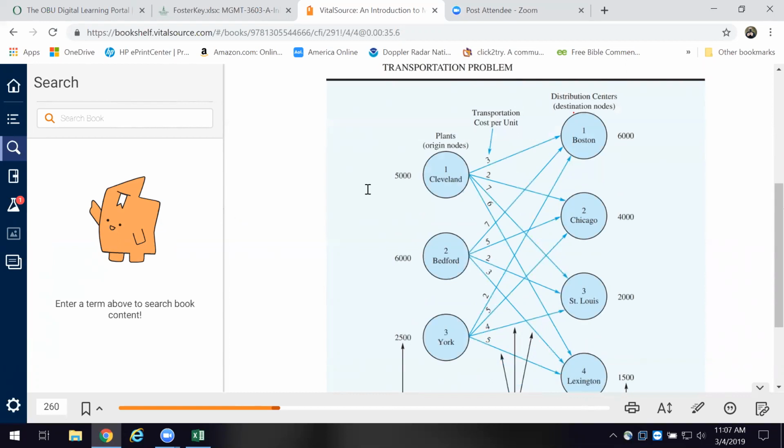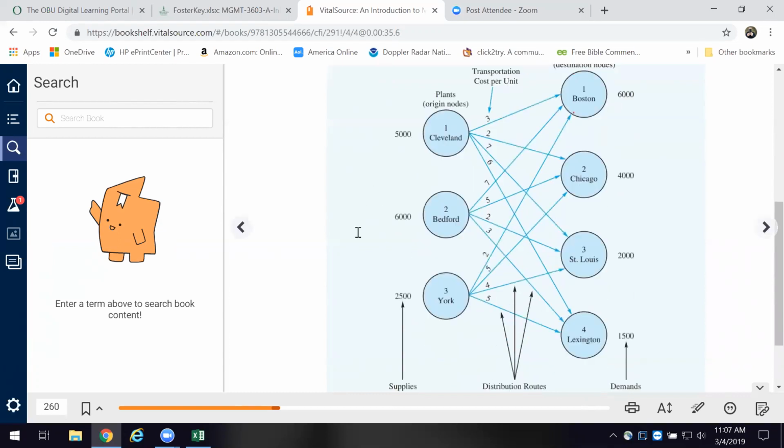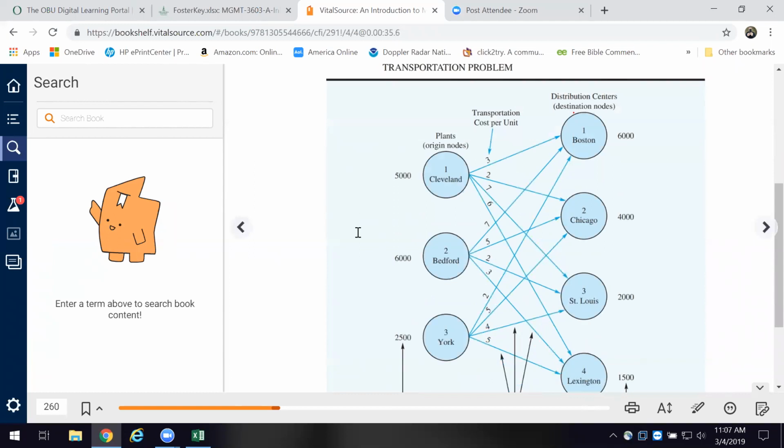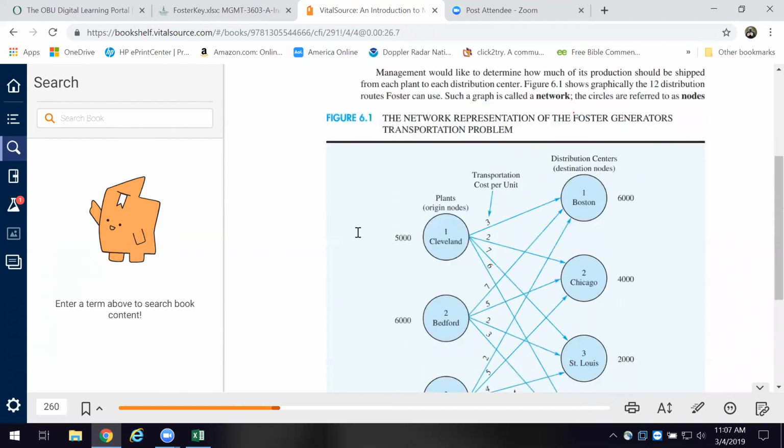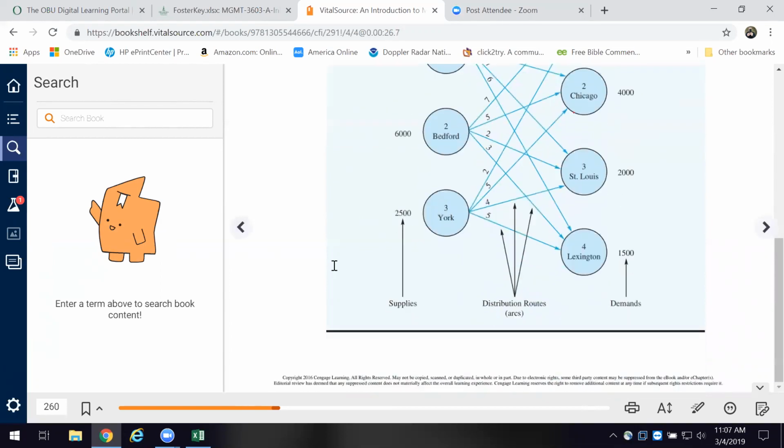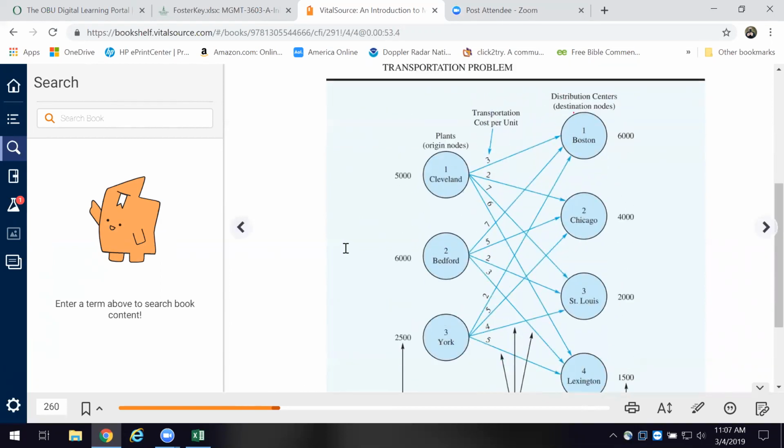But here we've got these plants, and we have how much they have in terms of supplies. And so we have these origin nodes. And then those lines that are across, those are called arcs, okay? And you see the distribution arcs, and then you see the transportation cost per unit.